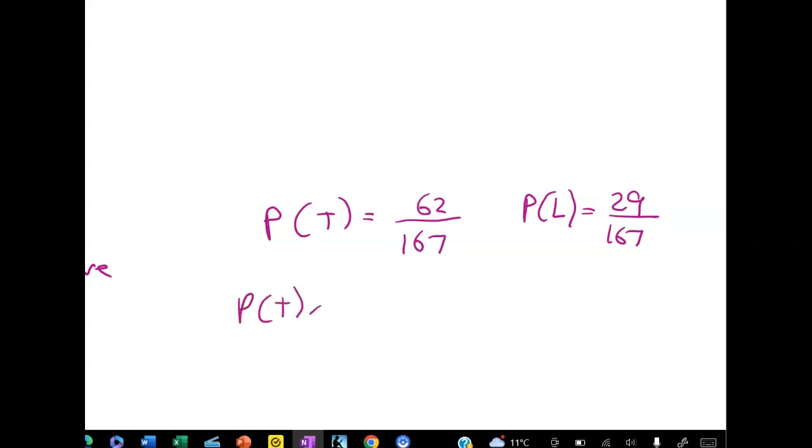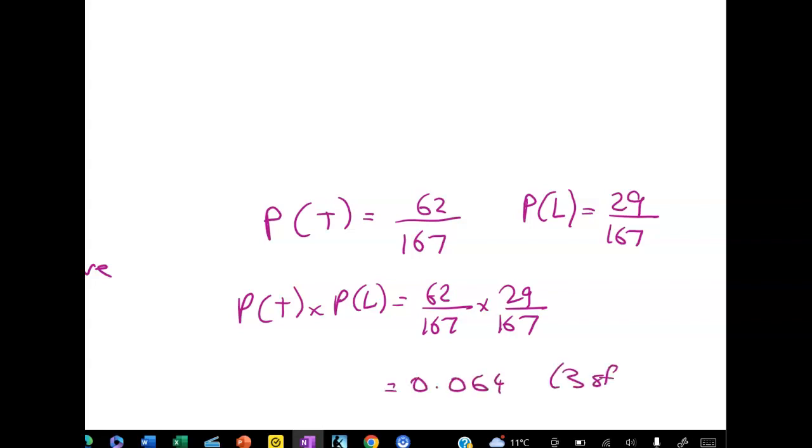The probability that someone takes tech is equal to 62 out of 167. The probability that someone takes a language is equal to 29 out of 167. We're going to times those two probabilities together, and we're going to see what we get. We get 0.064 to 3 significant figures.